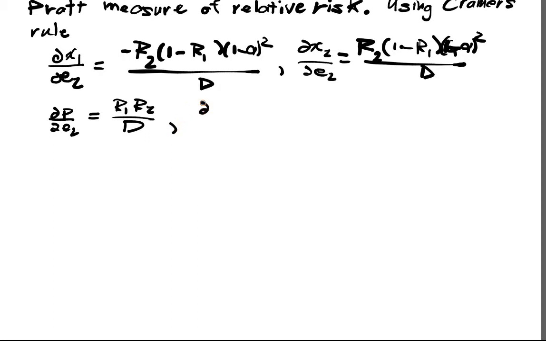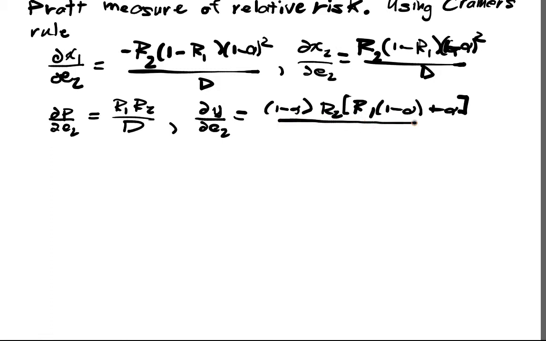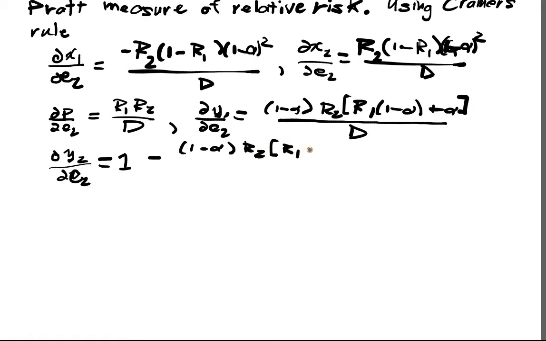So actually, in the simplified world, these equations are really nice. 1 minus alpha R2 times R1 times 1 minus alpha plus alpha, all divided by d, and then this should be y1, y2 dE2 is equal to 1 minus 1 minus alpha R2 R1 1 minus alpha plus alpha all over d.